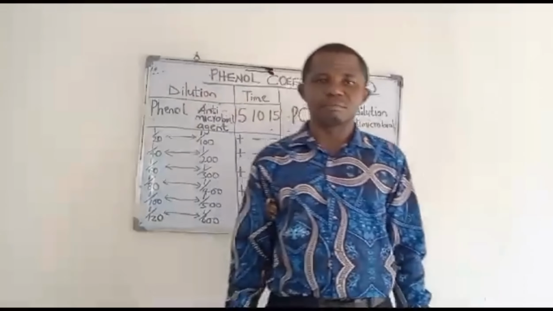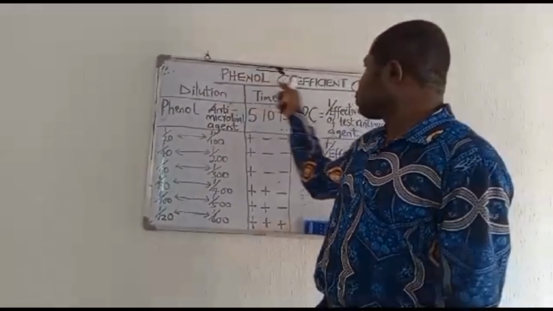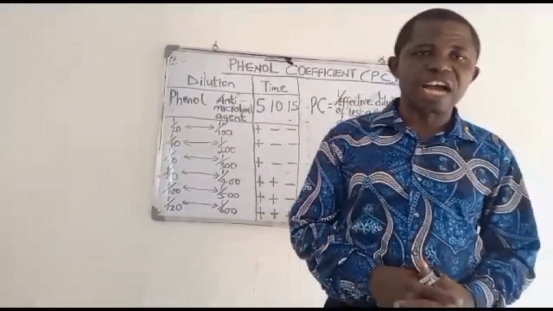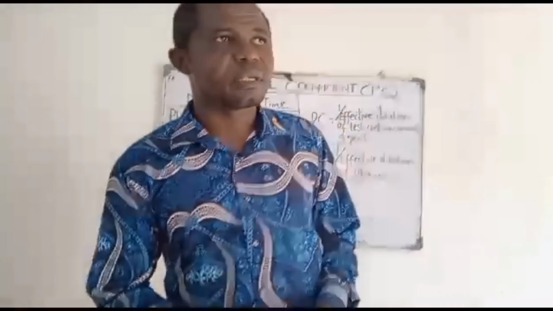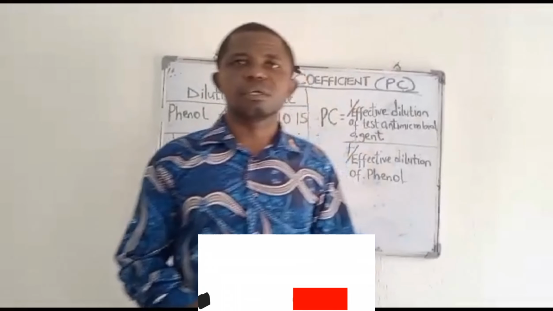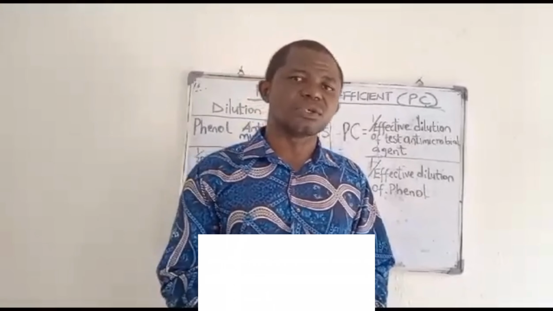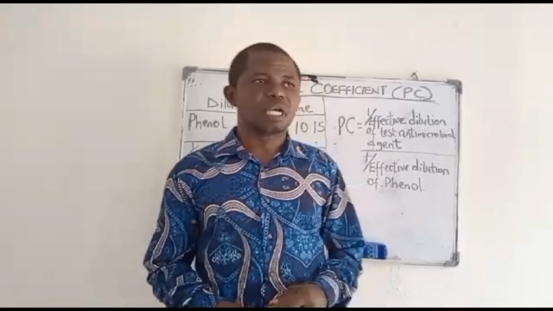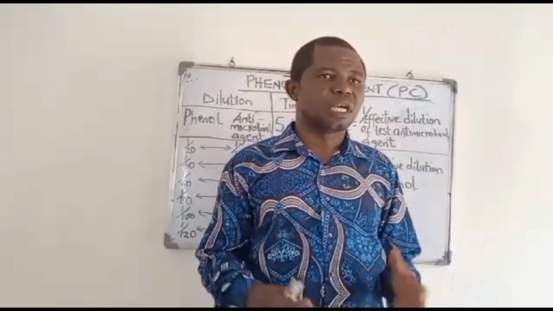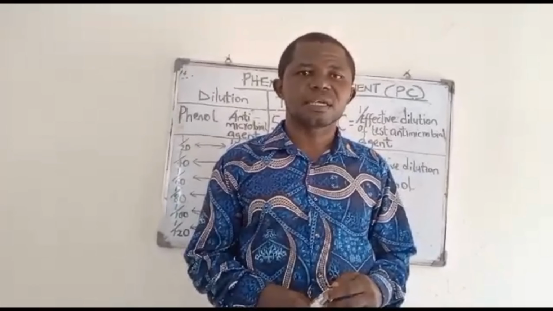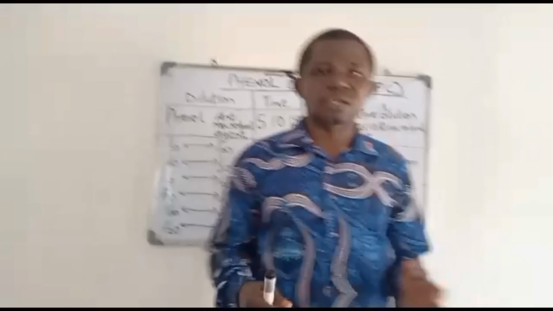So, I'm here to present one of our lecture series titled Phenol Coefficient, with the acronym PC. Phenol coefficient is a method that is usually adopted in most cases to test how effective an antimicrobial agent can be in killing a test organism.